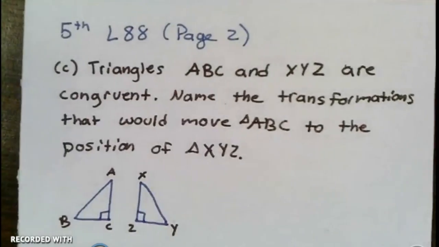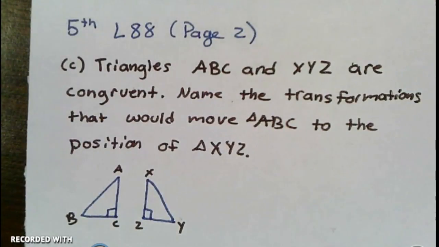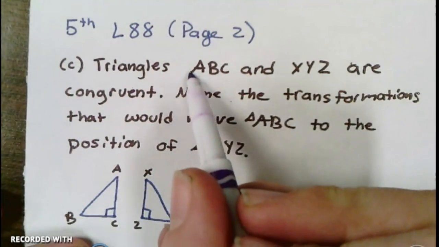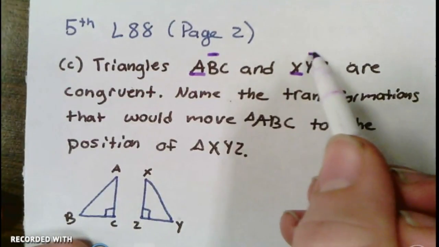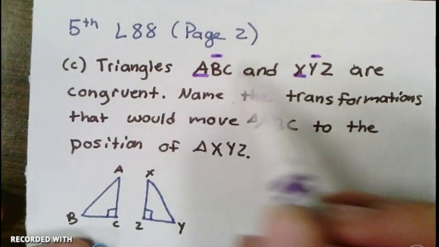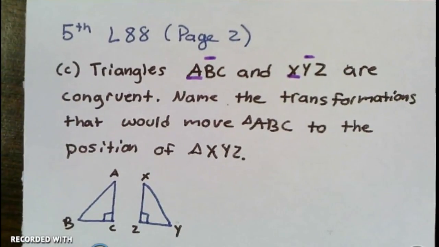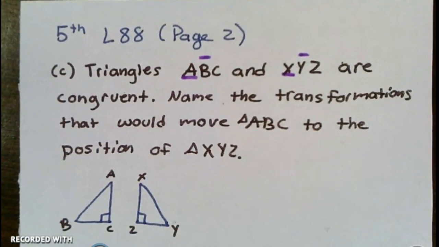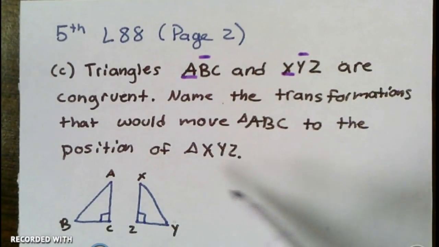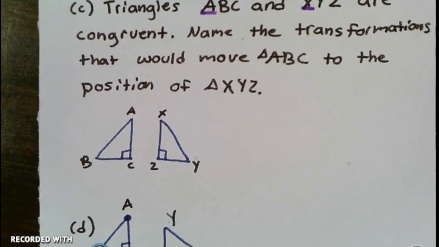Triangles ABC and XYZ are congruent. That means that A lines up with X, B lines up with Y, and C lines up with Z. Those angles, that A would be congruent to X, B would be congruent to Y, and C would be congruent to Z. Name the transformations that would move triangle ABC to the position of XYZ.